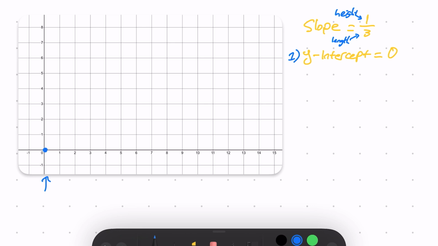From there, we do our triangles, we move along with this in mind, this 1 over 3. A length of 3, that means that we are going to travel 3 squares this way. So we go 1, 2, 3, and then a height of 1. So up 1, and we will put a dot right there.